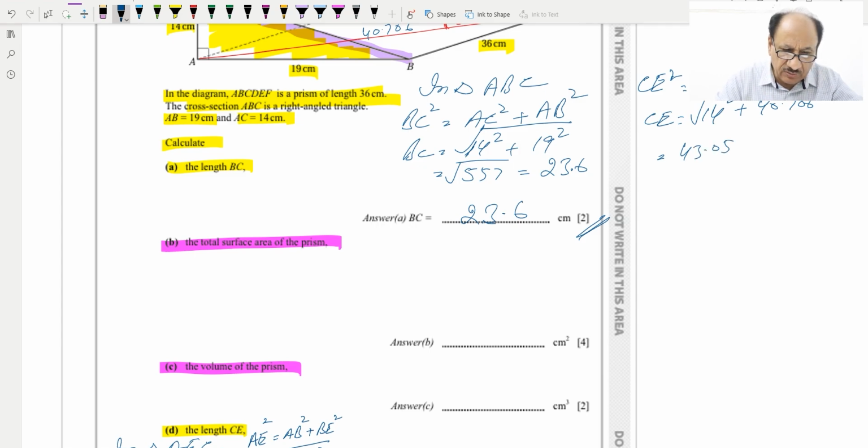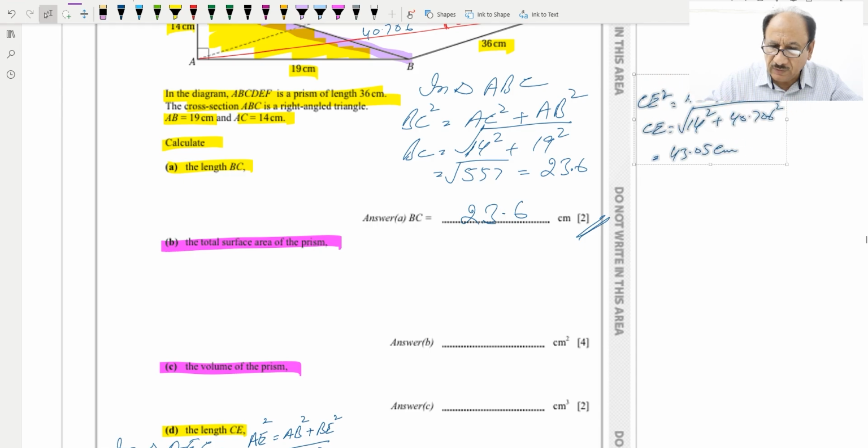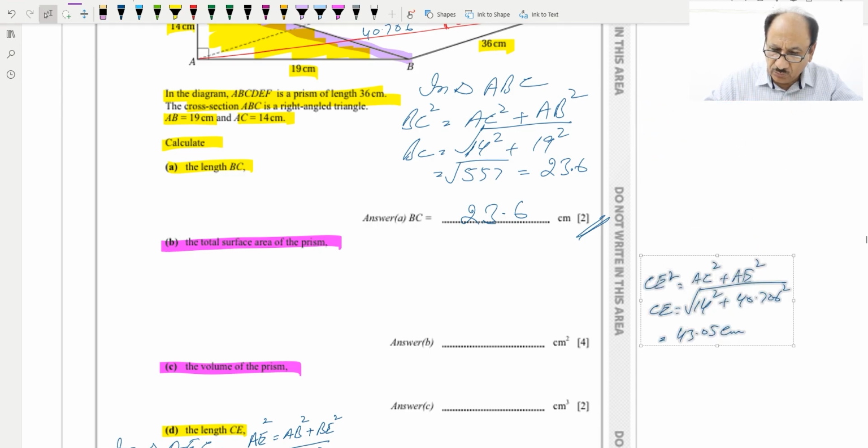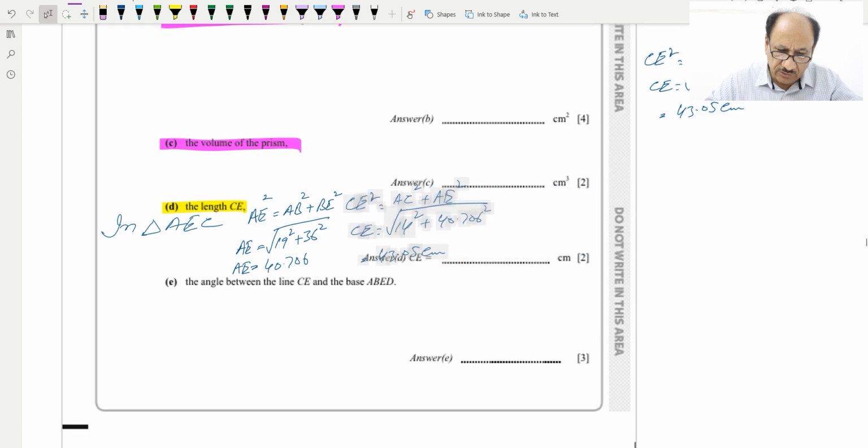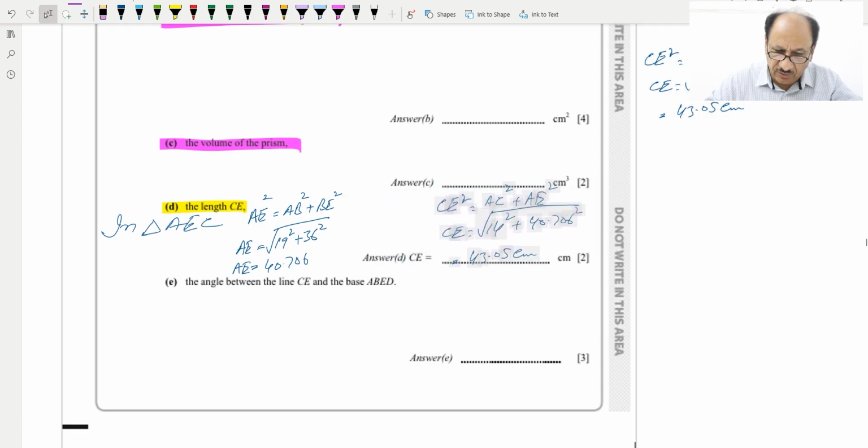This will be in centimeters because all the measurements are in centimeters, and we can shift this to the proper location, and this is our final answer.